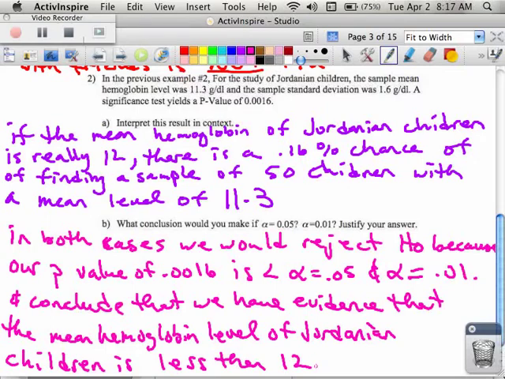Was it grams? Yeah. Grams per deciliter.